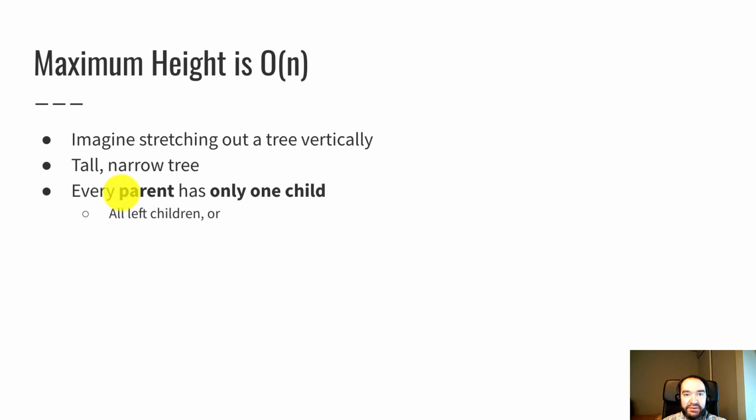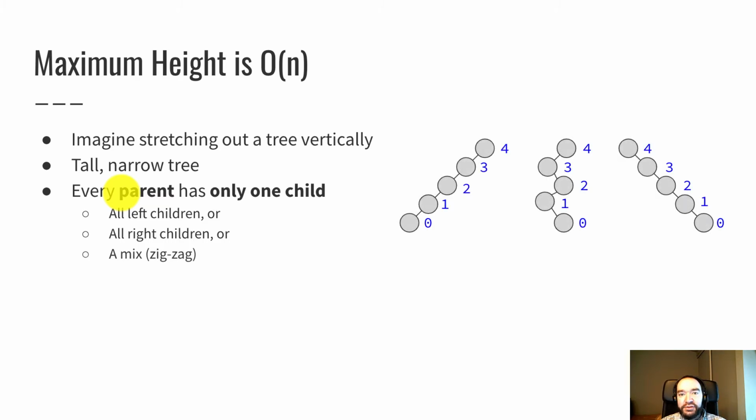So that could be that we have the parent and then we have all left children. It's just following left children all the way down. Or it could be if you start from the root, it's all right children going all the way down. Or it could be a mix, a left and then a right and then a left and a right, some kind of zigzag thing. Here's what those would look like. So on the left, I've got a binary tree where the only child pointers we are using are left child pointers, and this is kind of this left-leaning diagonal kind of thing.